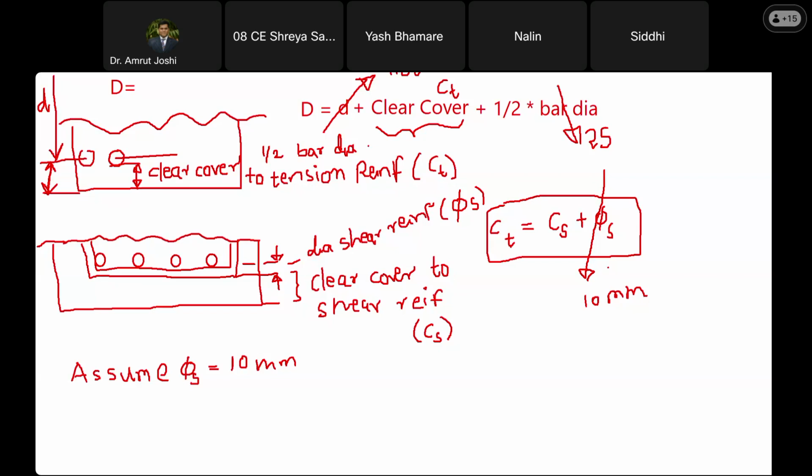Now, from this criteria, IS code suggests you to maintain bare minimum clear cover to the shear reinforcement. Are you with me? Yes, sir. So let us go back to IS code and let us see what is this cover requirement. How much cover should I provide to the shear reinforcement? So this is given by IS code.